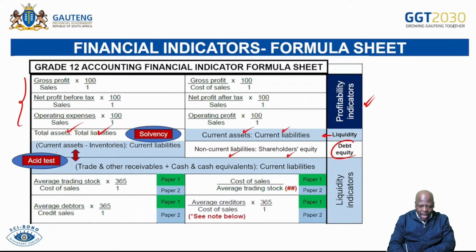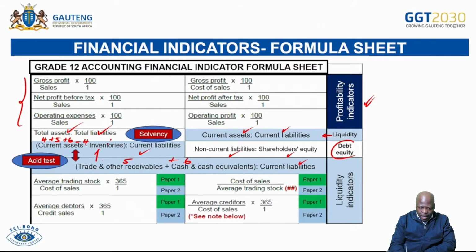And then you also have your acid test ratio over here. So you have your current assets minus inventories as to current liabilities. And remember, the shortest way, because here you're saying it is note number 4 plus note number 5 plus note number 6 minus note number 4 as to your current liabilities, which is the same as simply saying note number 5 plus note number 6 as to your current liabilities.